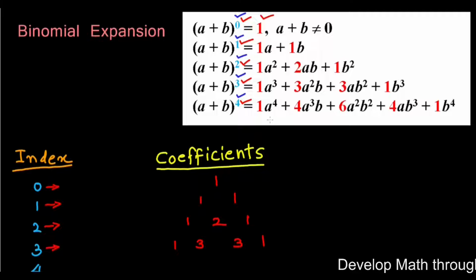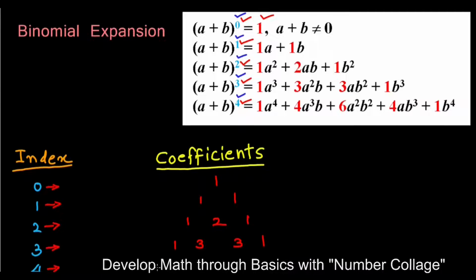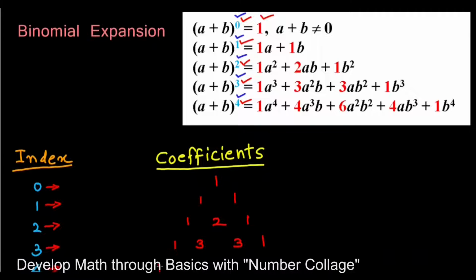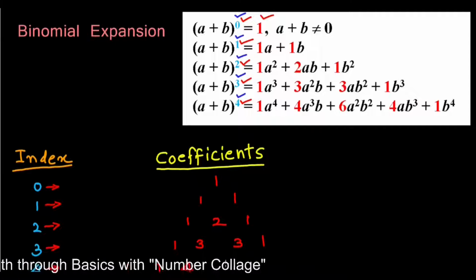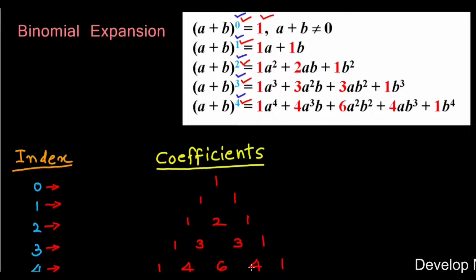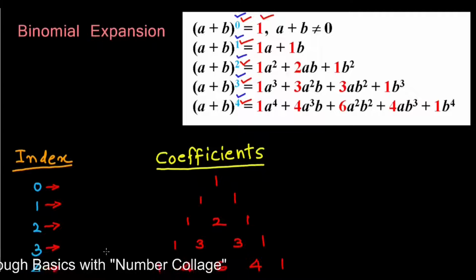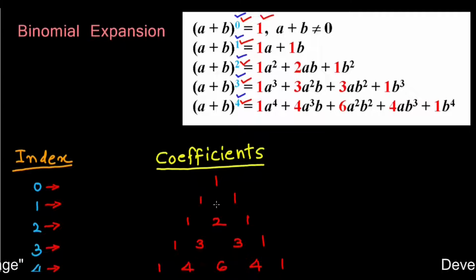So there will be 5 coefficients in the expansion. Next to this index 4, we write 5 coefficients which will be 1, then 4, then 6, then 4 again, and then 1. So we can go on like that for index 5, 6, 7, and so on, and write the corresponding coefficients. There is a specific pattern in the nature of these coefficients. Let us try to investigate this pattern.